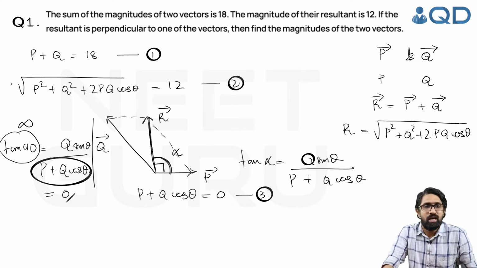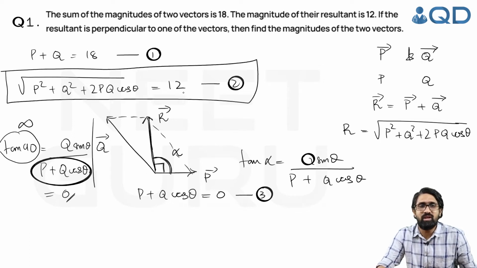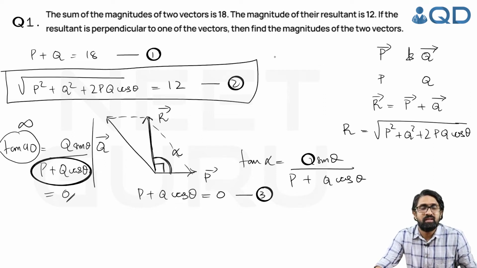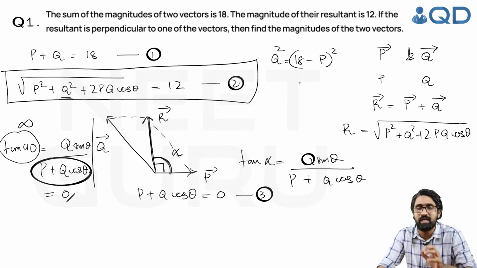So we'll choose the second one to be our main equation, and we would replace the value of q square and q cos theta based on equations 1 and 3. I'll explain how. You know that p plus q is 18, so you can say that q is 18 minus p, which means that q square will be 18 minus p whole square. So I can replace q square from this equation in terms of p.